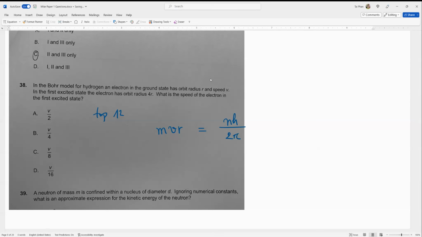The reason I know we need to use this formula is because we are given the radius r and the speed v. And we know that this is a problem about the Bohr model, a problem about topic 7 or topic 12. So we need to check the formulas in these two topics.